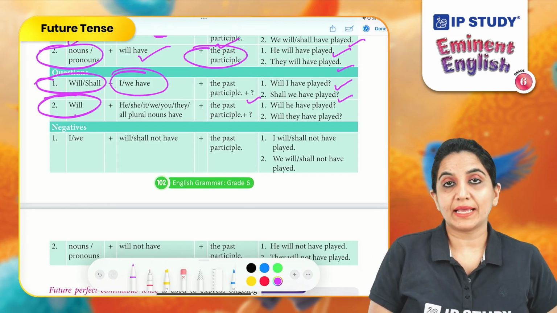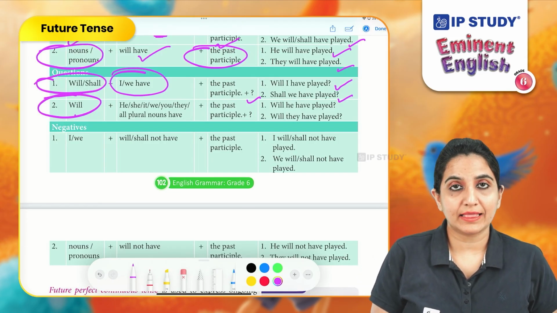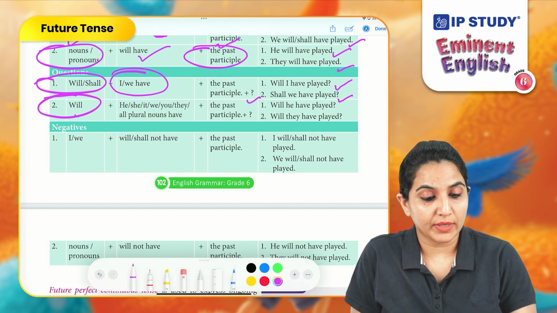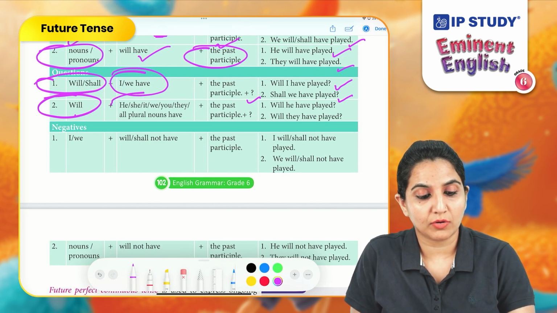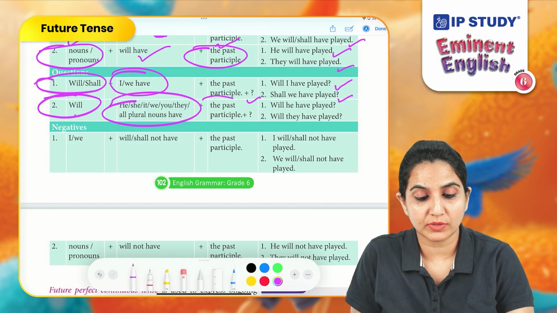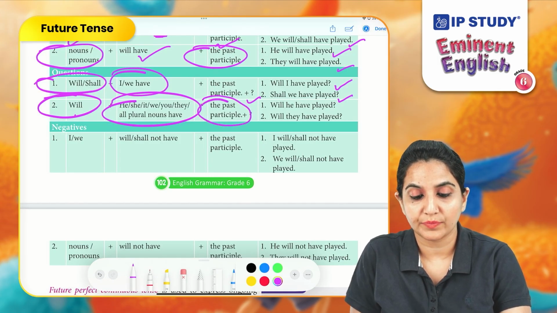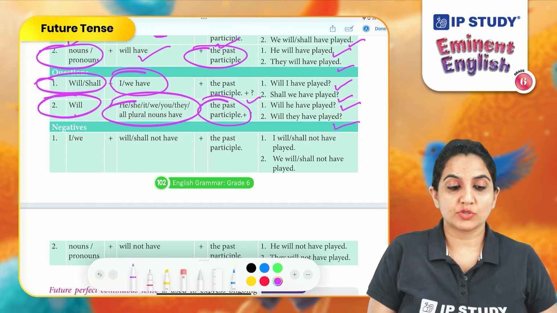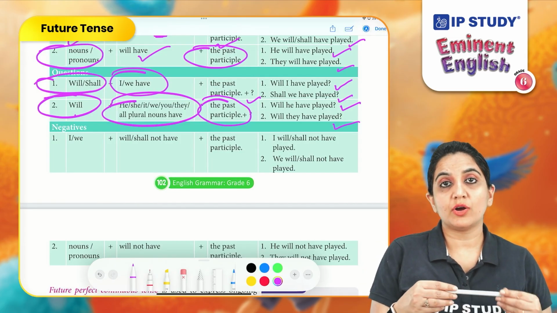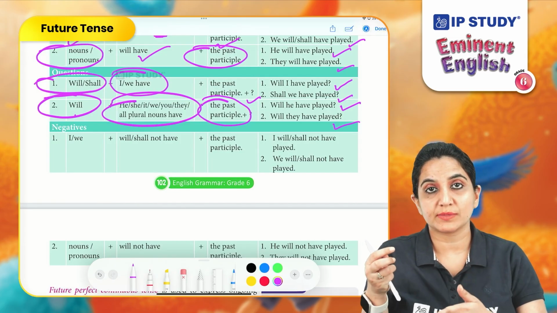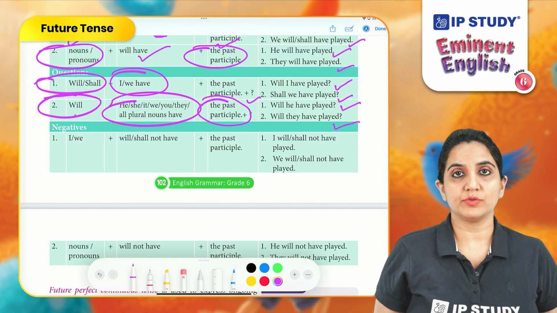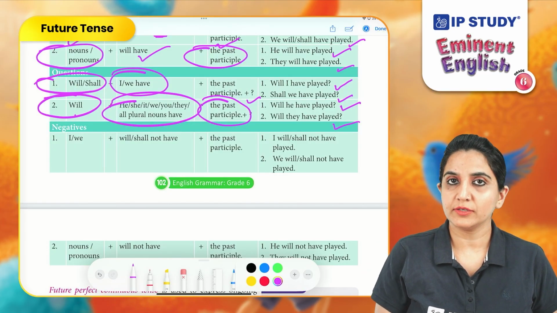With the questions beginning with will, for the second and third person, singular and plural pronouns, we use will in the beginning with the nouns and pronouns and the past participle and a question mark. Will he have played? Will they have played? So, the questions beginning with shall can only be used with the first person, singular and plural pronouns. The questions beginning with will can be used with all pronouns, singular and plural.